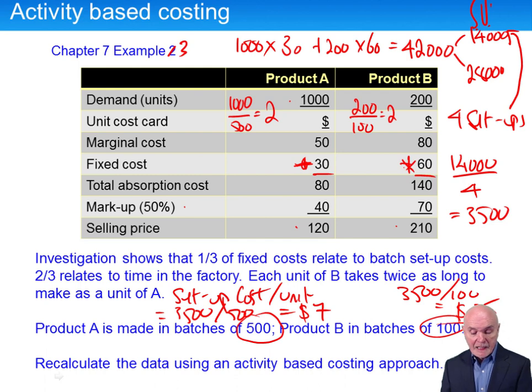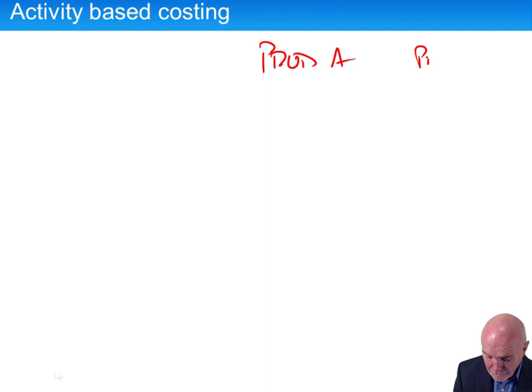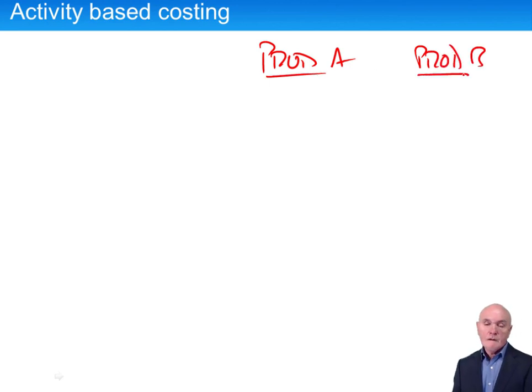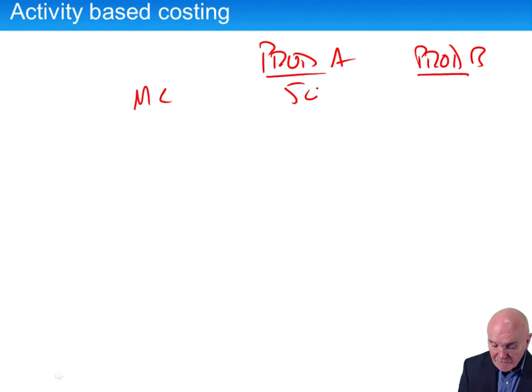So let's see how the new cost structure would look if we do it now on an activity-based costing kind of basis. So we have product A, product B. Remember, we said that the marginal costs are not changing this at all, so they were 50 and 80.